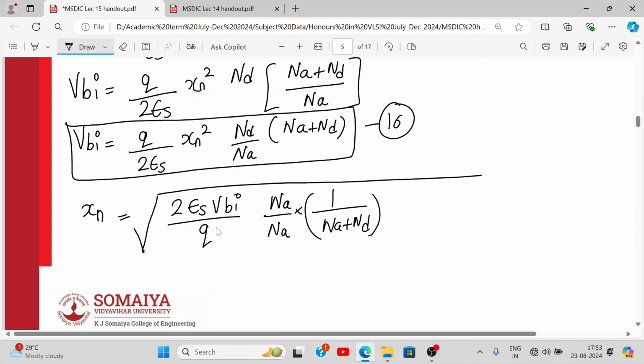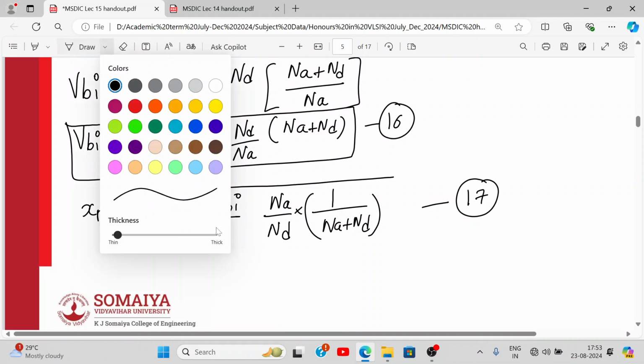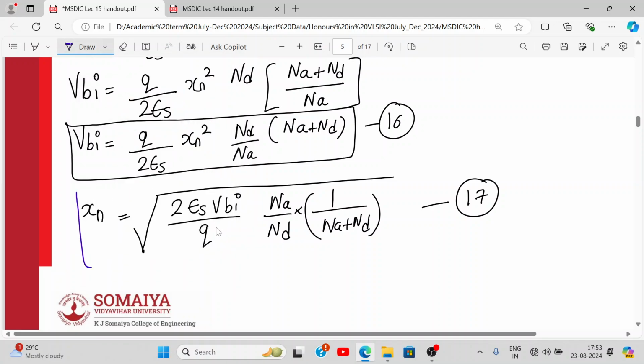Yes, this is correct. Reverse now, because this will go up, this will come down. So this is one important relation we have found out.